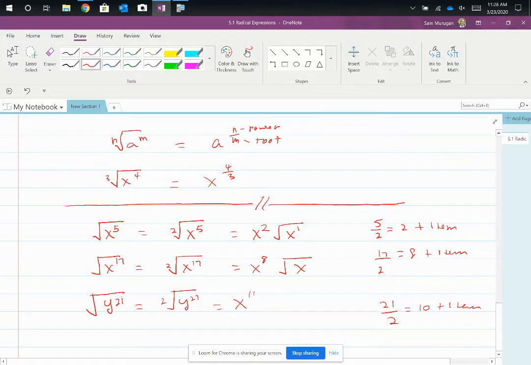So y to the power 10 outside, plus 1 remaining y.